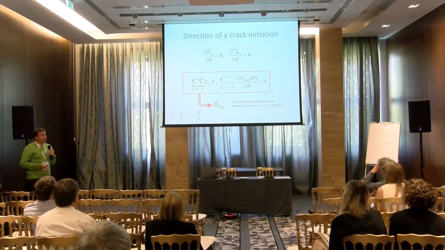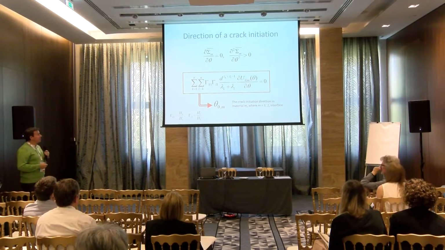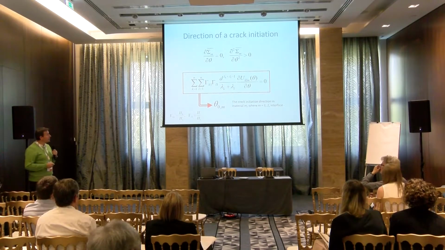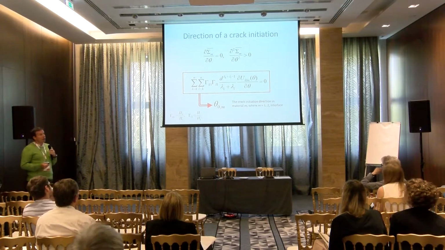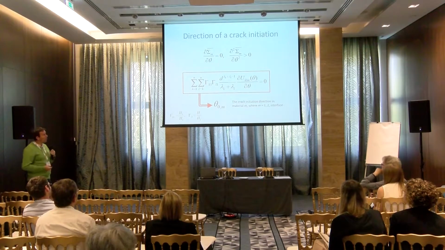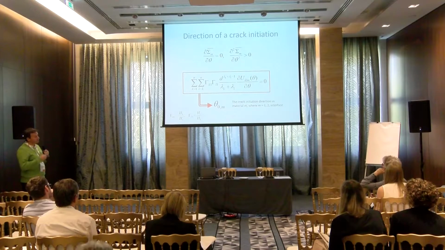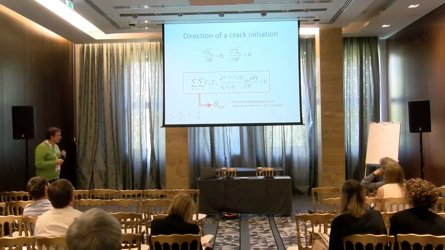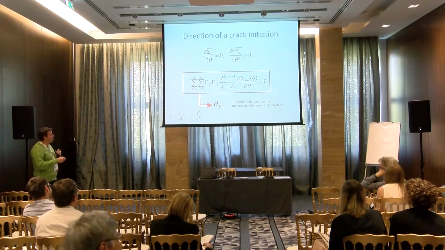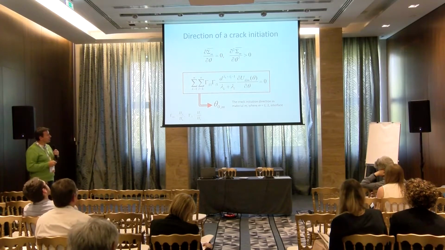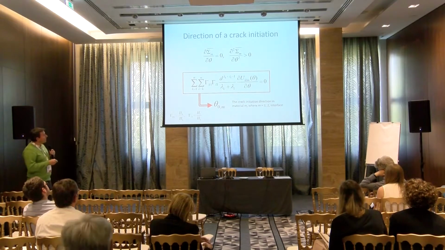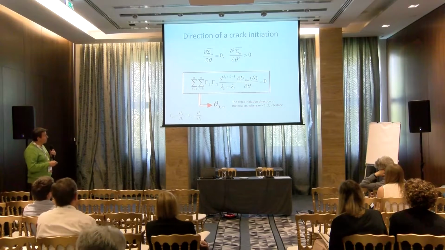By means of this quantity, we can determine the direction of crack initiation. We are looking for the minimum of strain energy density factor, or its average value. So these two conditions must be met. The first condition is written here.